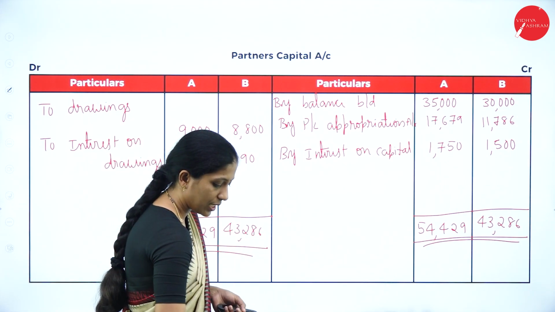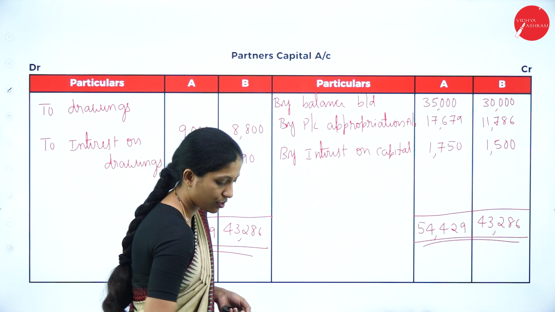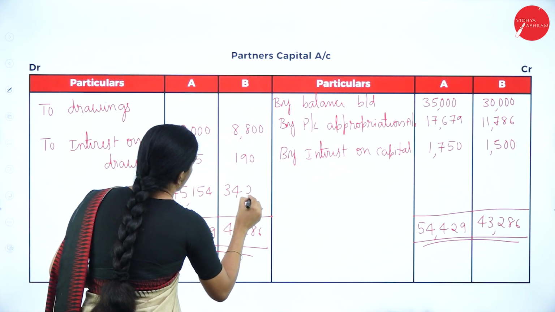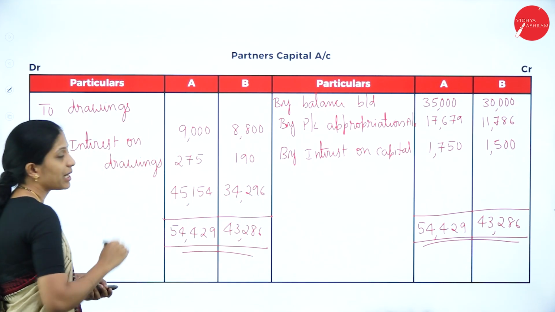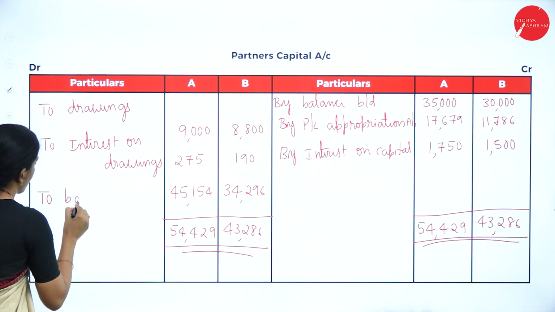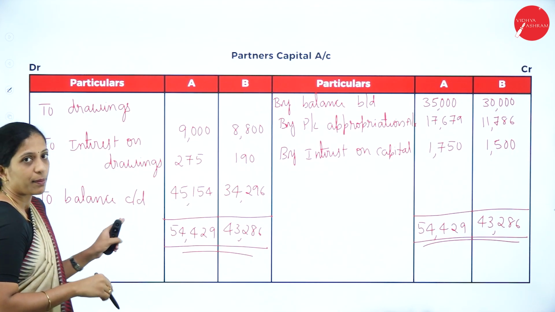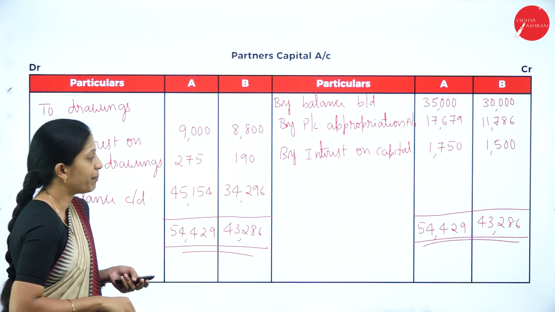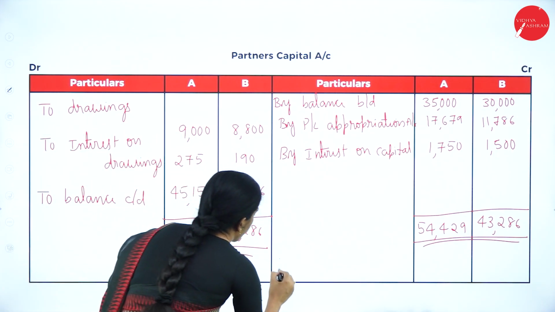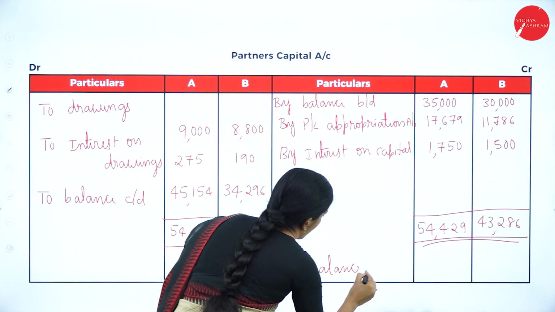Minus 8,800 minus 190 will be 34,296. Now whatever the balancing figure you have got here has to be carried down. So to balance carried down. This will be the balancing figure shown in the balance sheet. Now whatever you have carried down, bring down that balance. So by balance brought down.